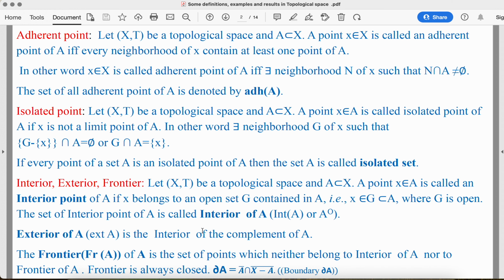Sometimes we also call it the boundary of A, and we denote it by delta A. So delta A is equal to A bar intersection the closure of the complement of A, because it belongs neither to the interior of A nor to the exterior of A.